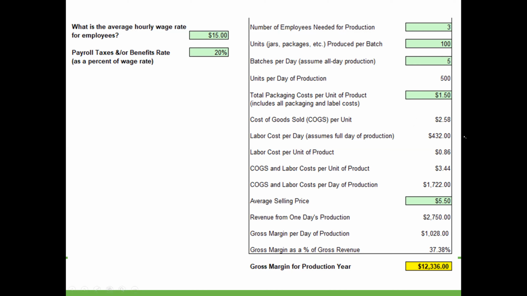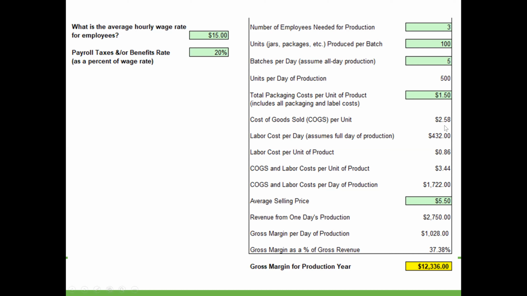So our cost of goods sold, ingredients and the jar and the label, is $2.58 per jar. Does everybody understand how I got that number? My cost of goods sold is the ingredients, which was the cabbage and the salt and the water, plus the jar and the label. That's my cost of goods sold per jar, $2.58.